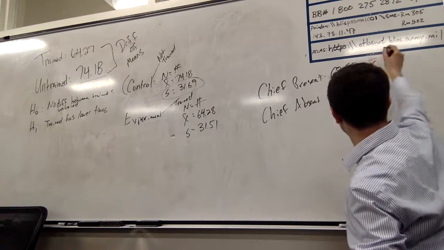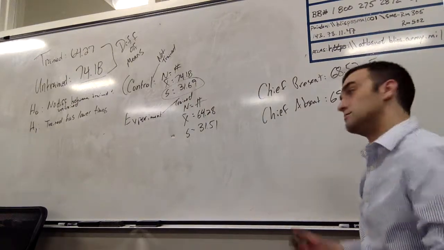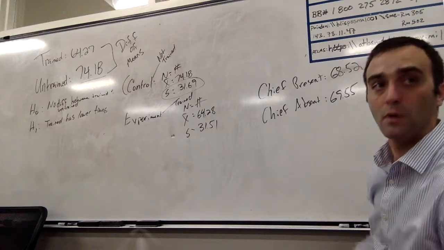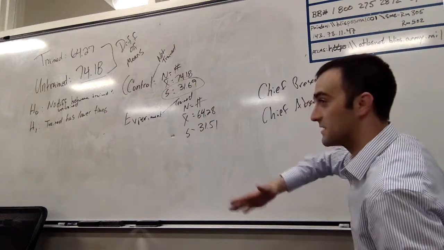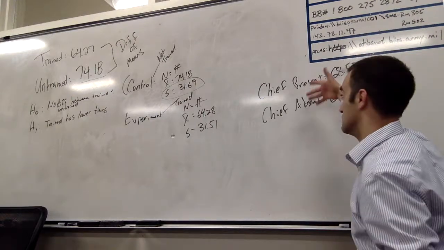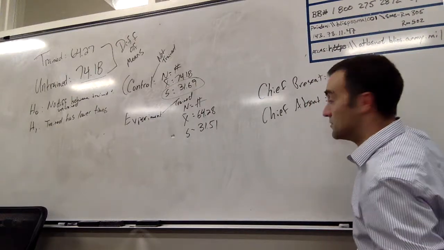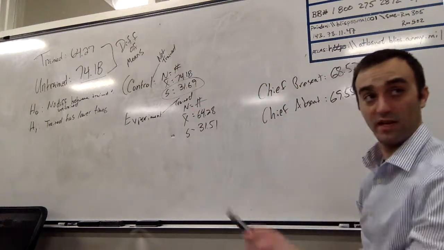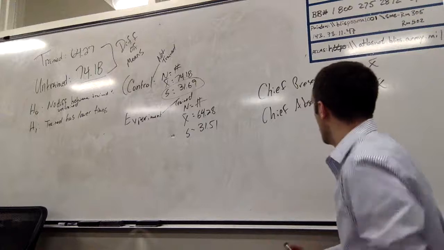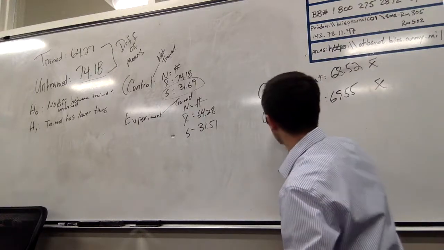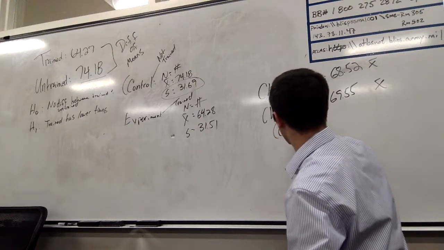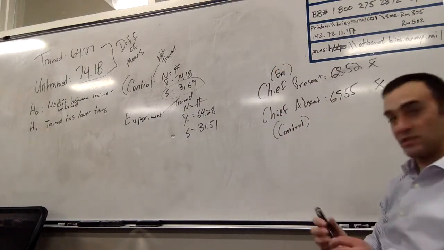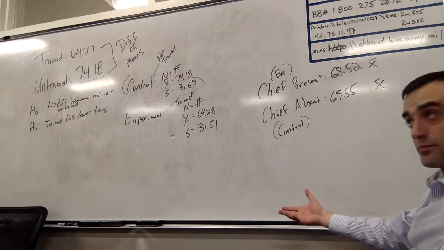That's an X bar, that's an X bar. Okay, the presence of the chief decreased turnout times. Well, with the data set that exists, you've got two samples, two means, two separate standard deviations. Now you can do a difference of means test. So essentially it's kind of like an experiment. Chief absent could be your control group, and then we put the chief at the station. That's kind of like an experiment group. With the supervisor there, does performance improve?